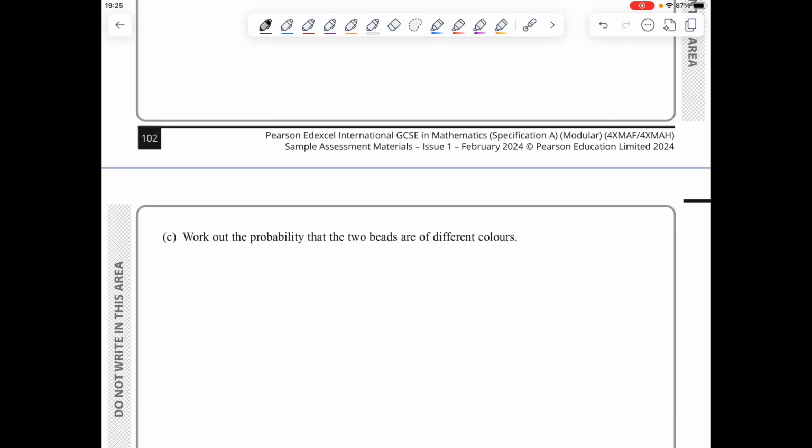For part C, we want the probability that the two bits are different colors. So we have probability of red followed by blue plus probability blue followed by red, and then you have to multiply the probabilities along the branches.